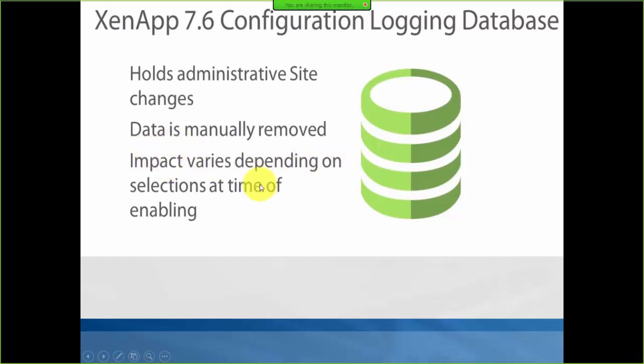The data is manually removed, and impact varies depending on selections at the time of enabling. It's just a collection of all log files, which is a very cool thing.